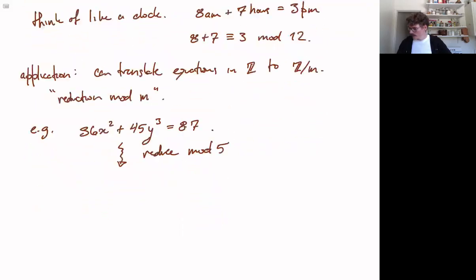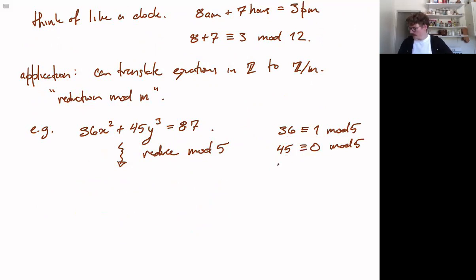So 36 is congruent to 1 mod 5. 45 is congruent to 0 mod 5. So I hope it's clear how this is working by now. Of course, this is because it's 35 plus 1. 35 is divisible by 5. 45 is divisible by 5, so it's 0.